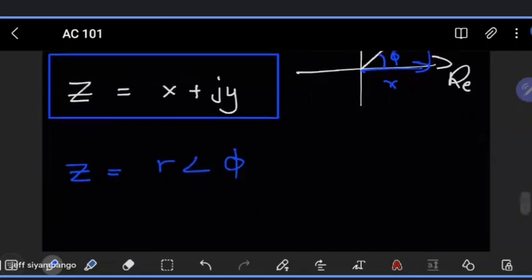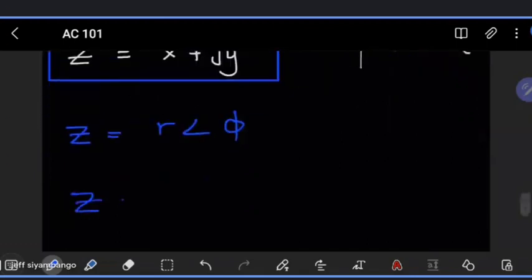And the last is the exponent form, which is R, the magnitude, and then E to the power of the complex variable J and then the phase angle phi. Now, you should be able to move from one form to another, depending on what you are given. We'll see examples and perhaps relate it all.